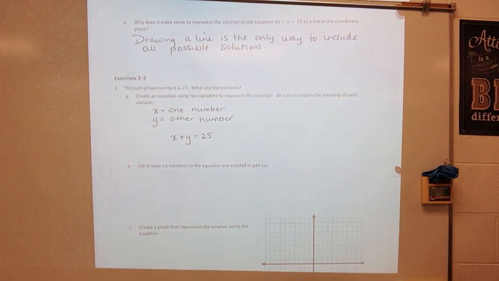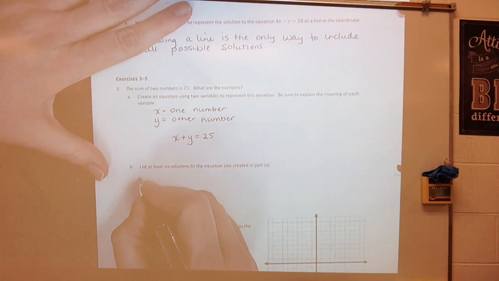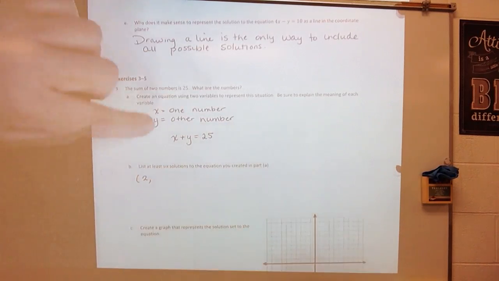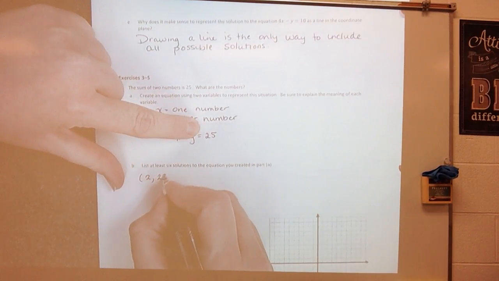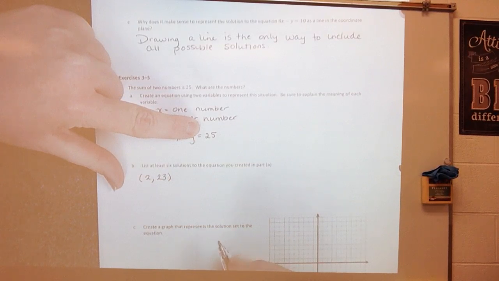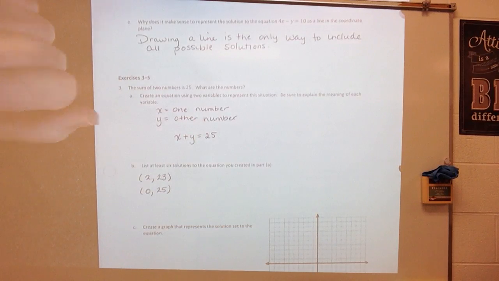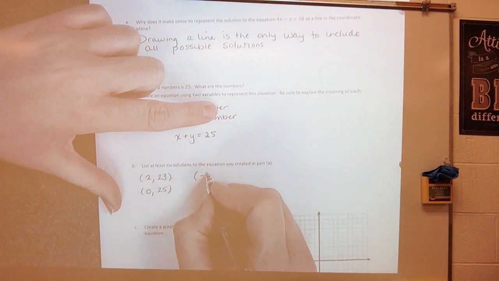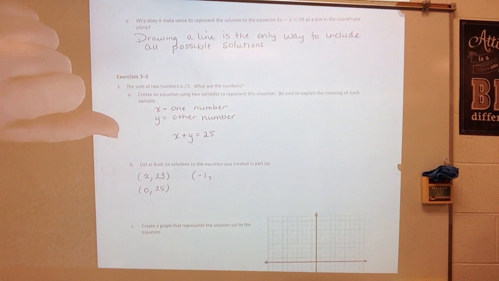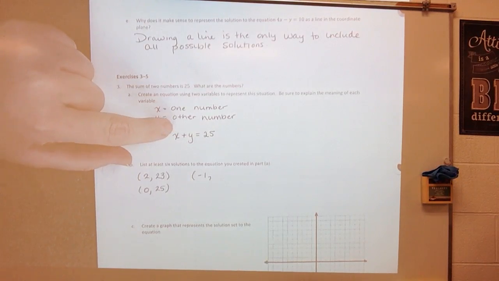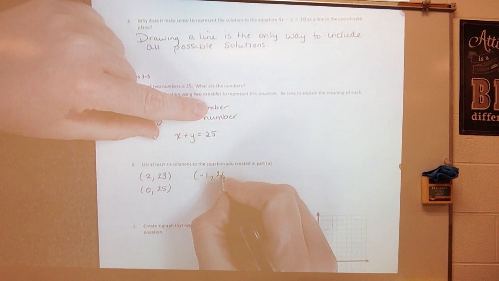List at least 6 solutions to the equation you created in part A. You can put anything. If x is 2, then y has to be 23. If x is 0, y has to be 25. If x is negative 1, y has to be 26.